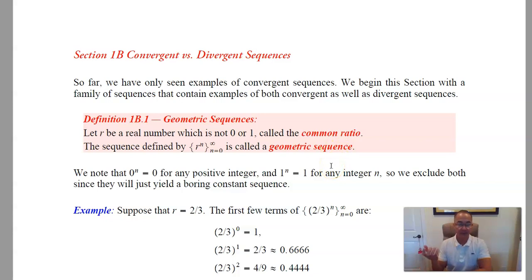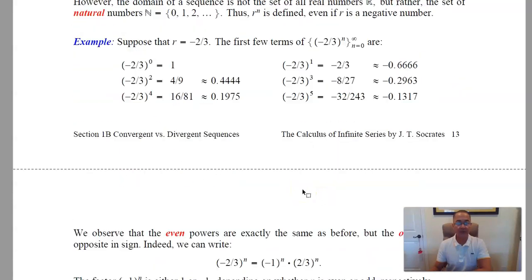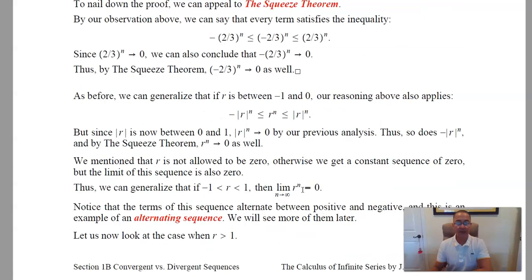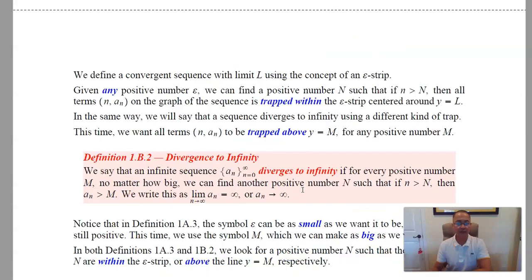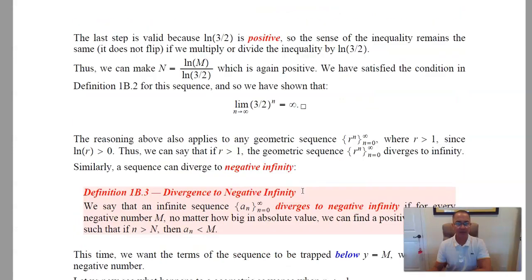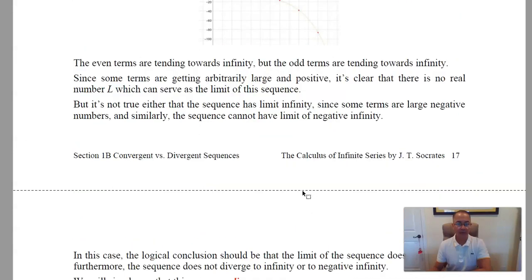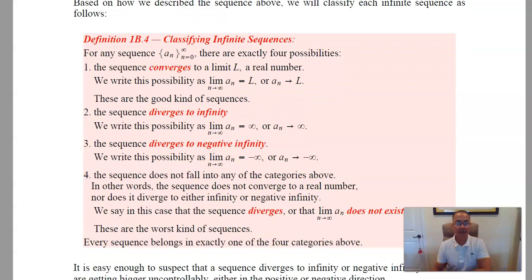So we did 3/5 to the n, 5/3 to the n, negative 3/5 to the n, and negative 5/3 to the n. From there, we saw that sometimes the sequence converges, sometimes it diverges to infinity, and sometimes it simply diverges. So we are going to use those to define 4 kinds of infinite sequences.